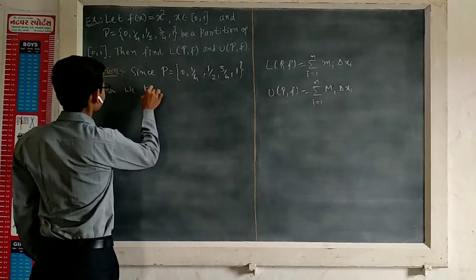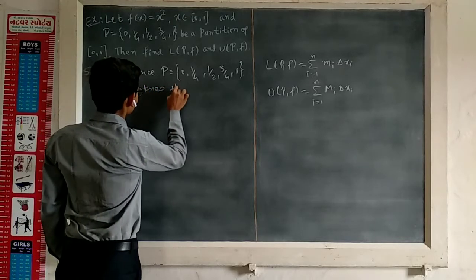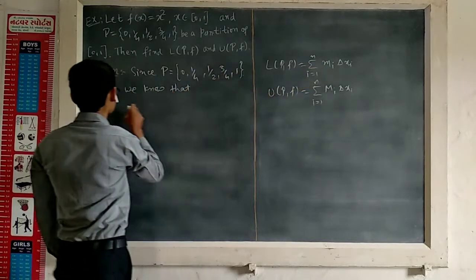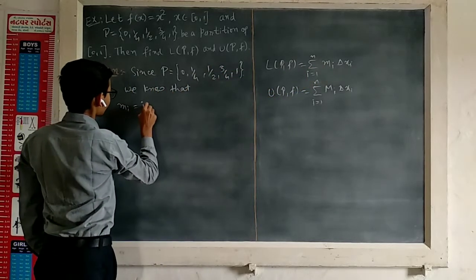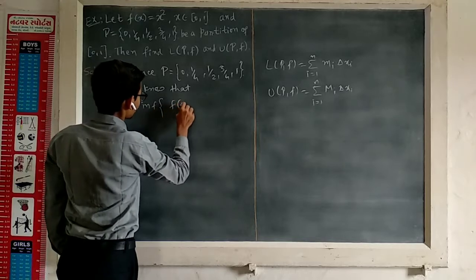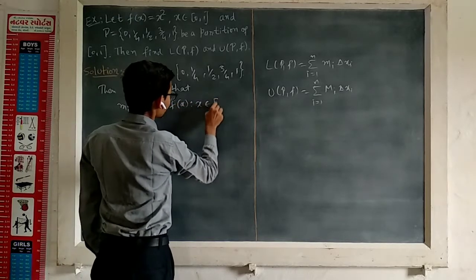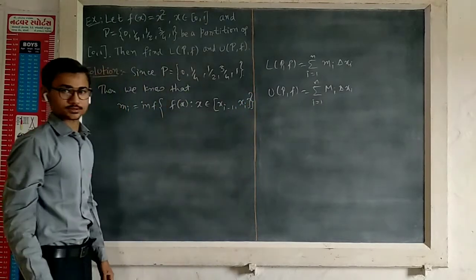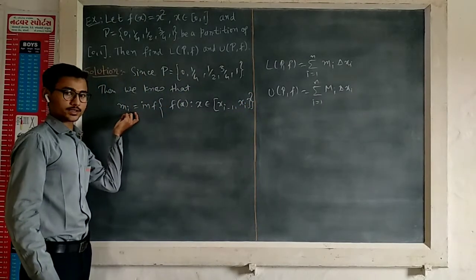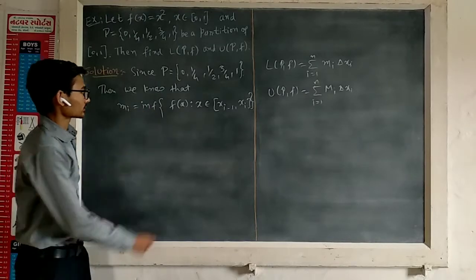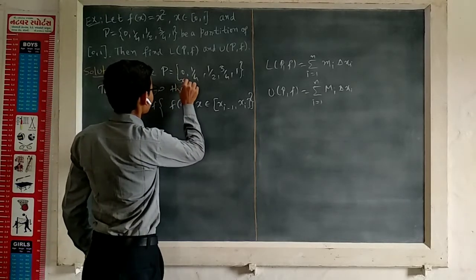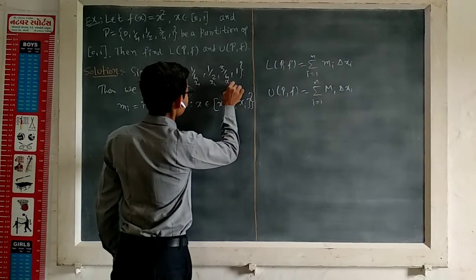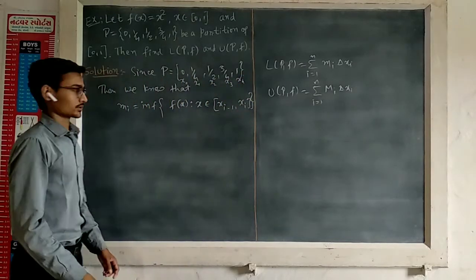Then we know the definition of small mi is the infimum of the function f of x such that x belongs to xi minus 1 to xi, the subinterval of the partition. If you want to find m1, first I say x0 is 0, x1 is 1 by 4, x2 is 1 by 2, x3 is 3 by 4 and x4 is 1.